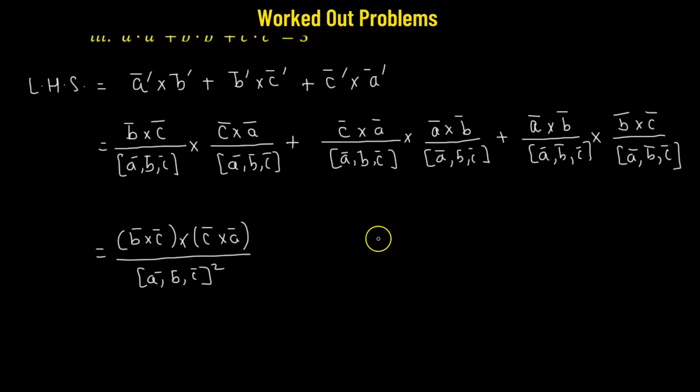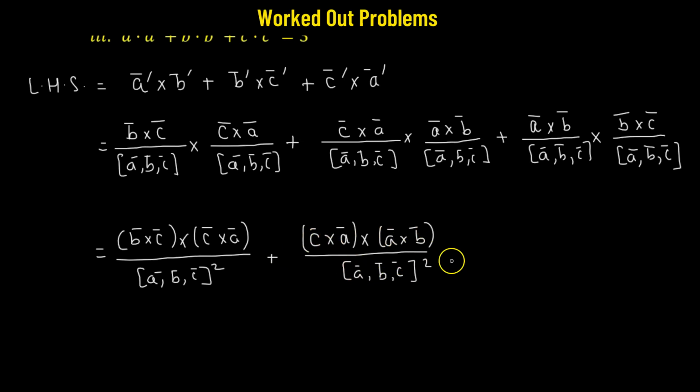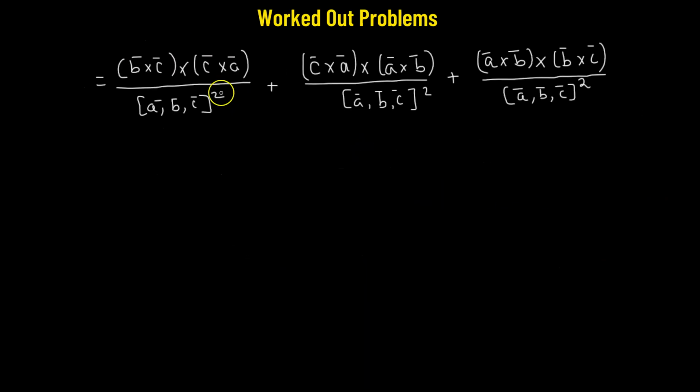So let's write the remaining two terms as well. We have the vector product of 4 vectors. That means we have a vector quadruple product in each of the 3 numerators, so we'll have to expand it.